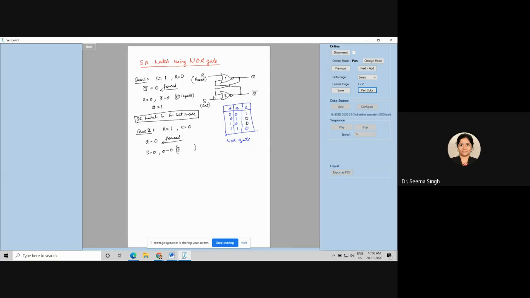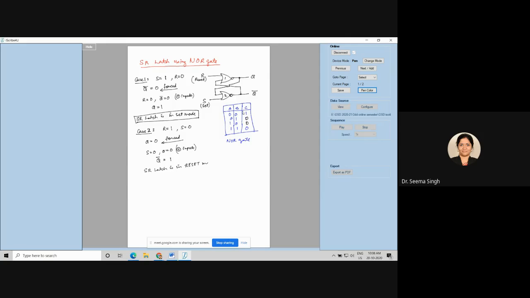These are my second NOR gate inputs. Second NOR gate inputs will make my Q bar equal to 1, right? So when R is equal to 1 and S is equal to 0, Q becomes 0 and Q bar becomes 1. So SR latch is in reset mode.